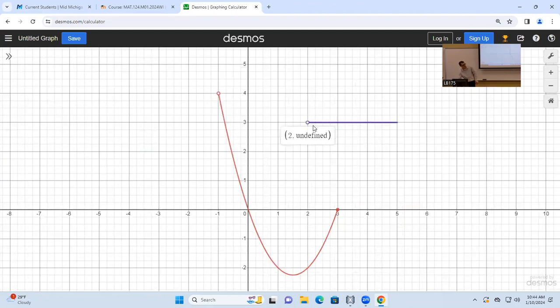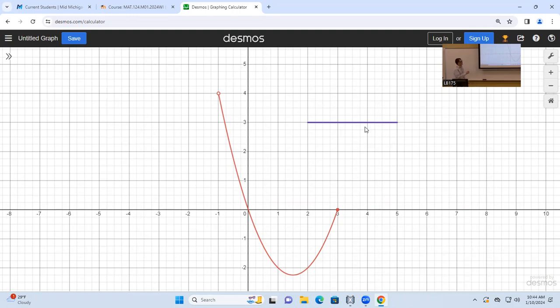That's a constant graph. This purple one stays steady the whole time at a y value of 3. So no matter what the x value is, the y value stays the same.